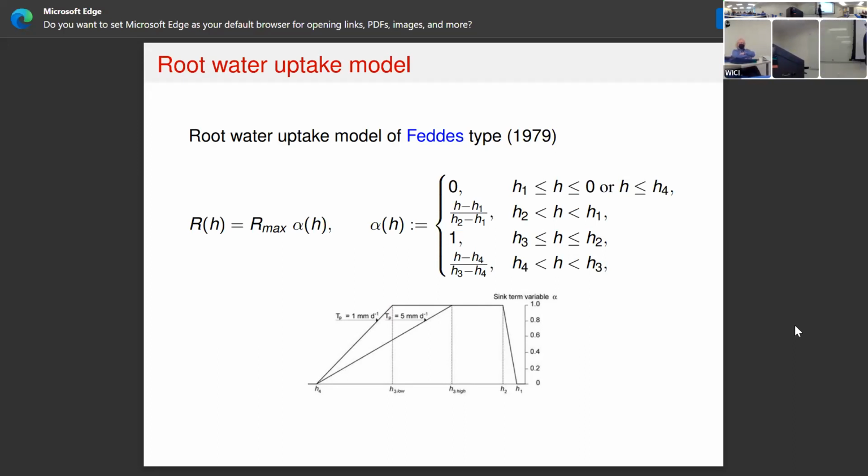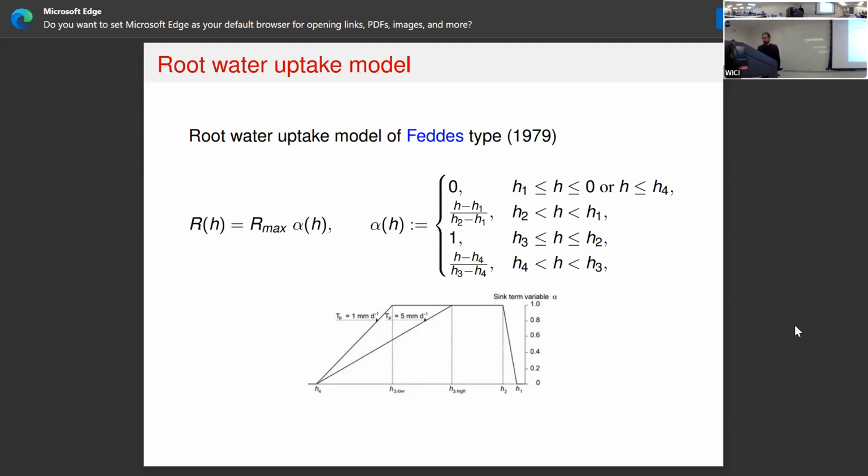Okay, so there is a specific interval of pressures where the roots will have the highest water uptake, and well, and then there is a linear behavior. The slope depends on the evapotranspiration of the soil, so this is also related to other physical quantities of the model.